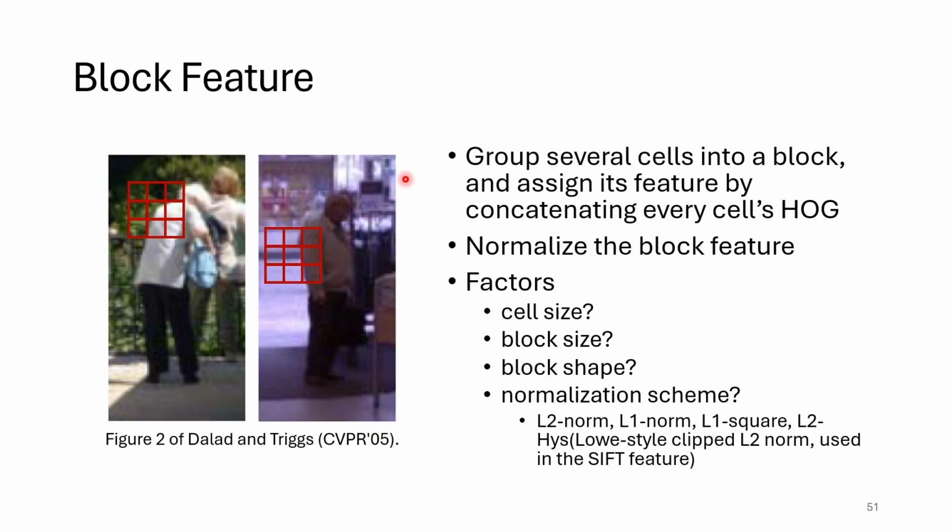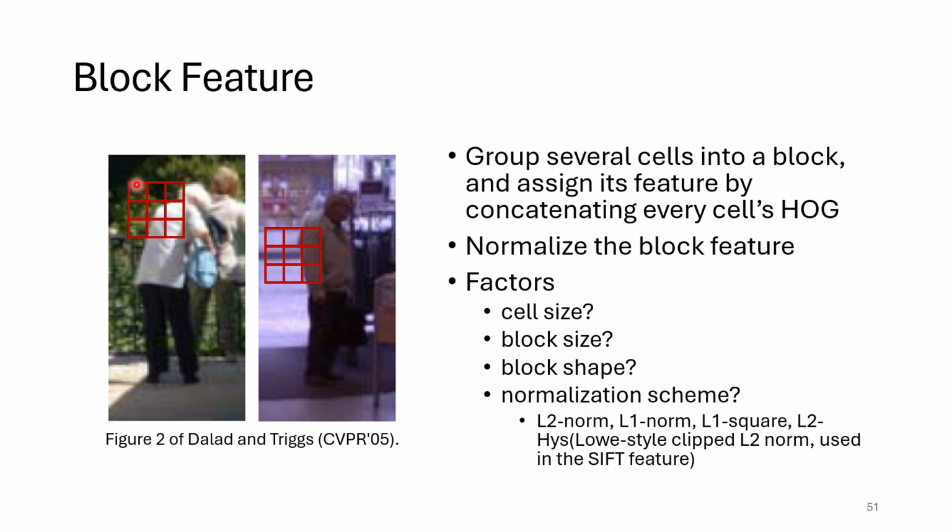Then the next step will be the block feature. This is a single cell. They can group several cells into a block and do normalization for the block. For what purpose? If they only consider a single cell, the intensity may be too strong or too weak.